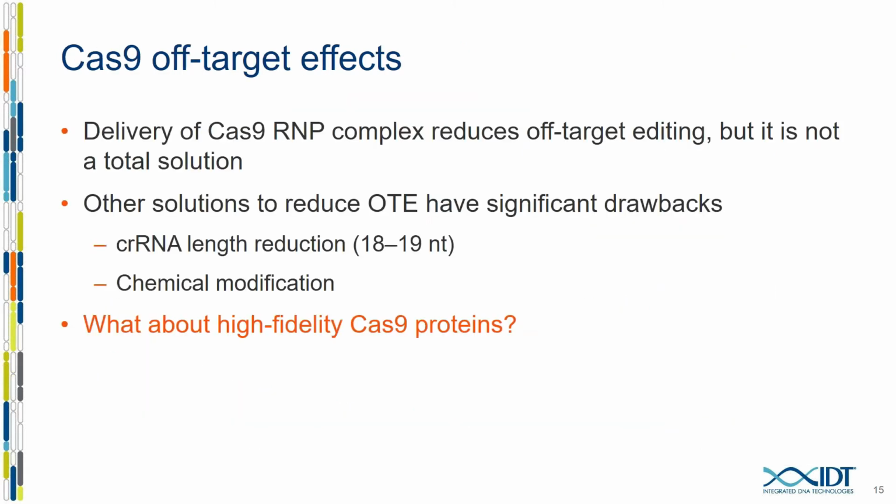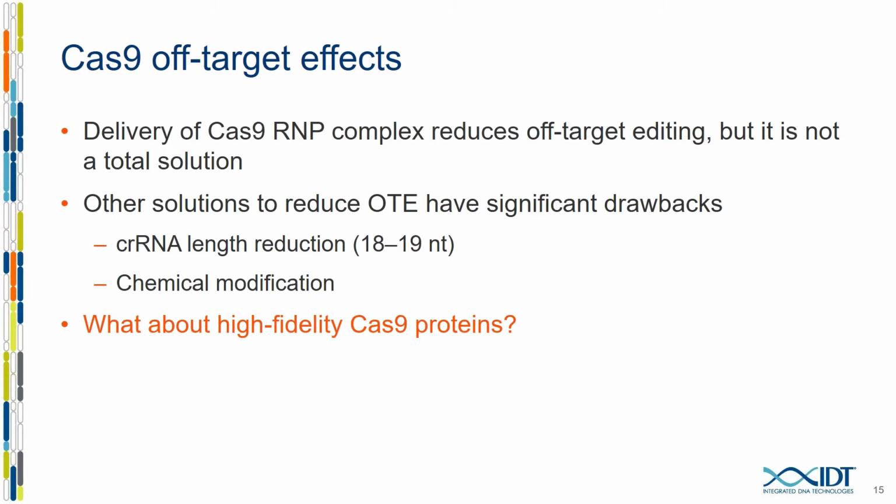But in the meantime, what more can you do to minimize the risk of off-target editing? Well, first of all, changing delivery mechanism is important. Second, there have been some other things that have come up in the literature to solve this problem, one of which is reducing the length of the crRNA from 20 mer to 19 or 18.